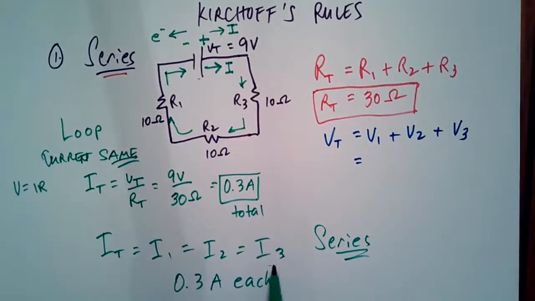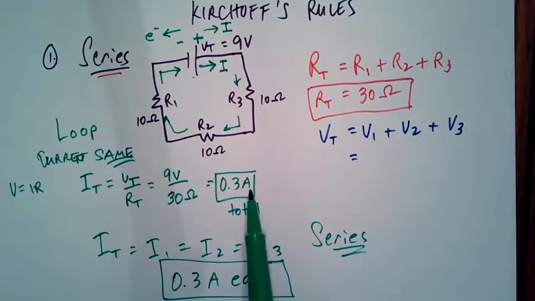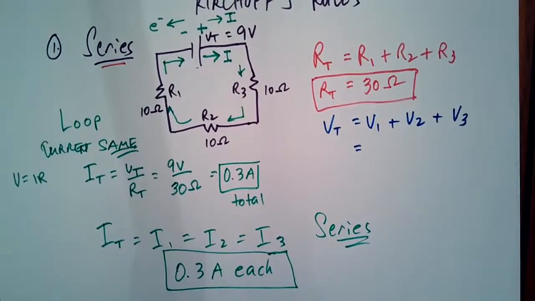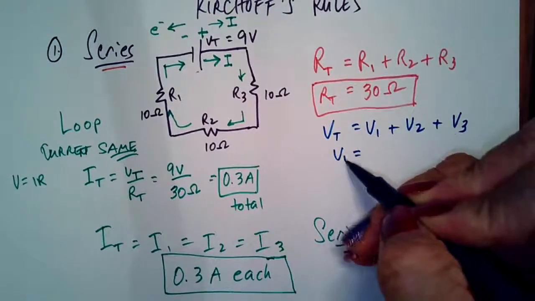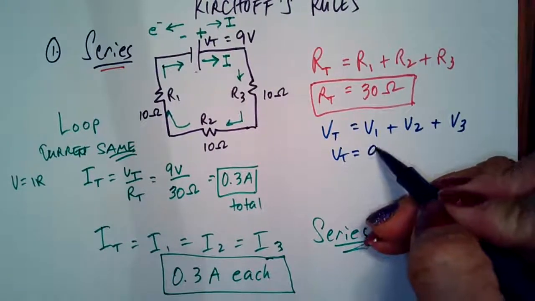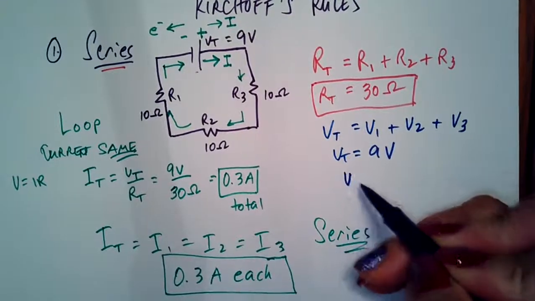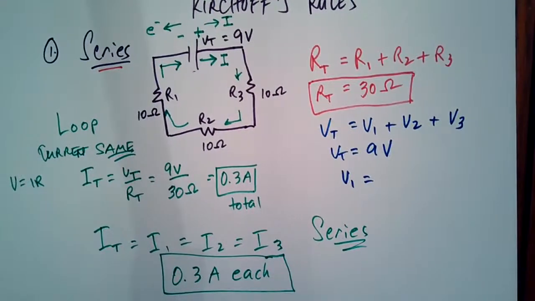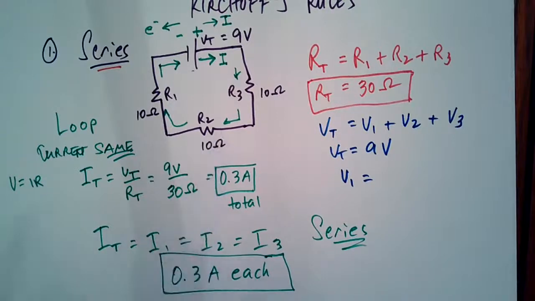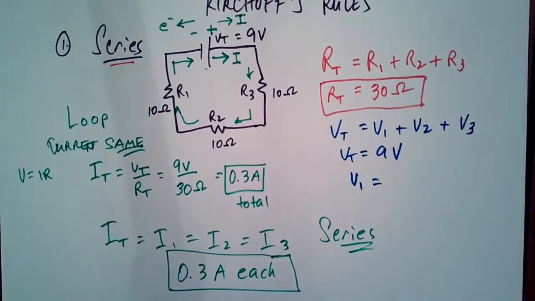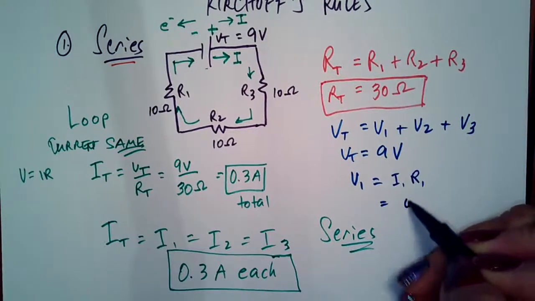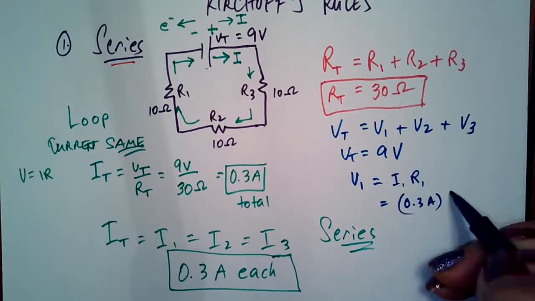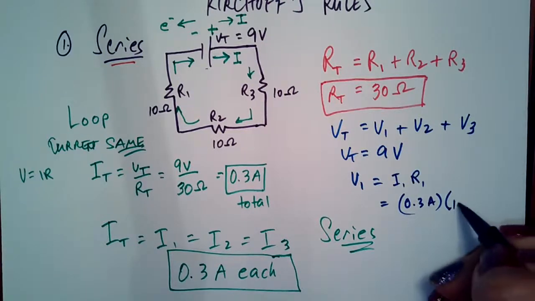Now that we have calculated the total current and the individual current of each of the resistors, we can now calculate the voltage of each one. We know that VT, the total voltage here, is 9 volts. We can calculate each one because now we know the individual current and the individual resistance are given from the beginning. So V equals IR. The I is 0.3 amps each, and the resistance is 10 ohms each.